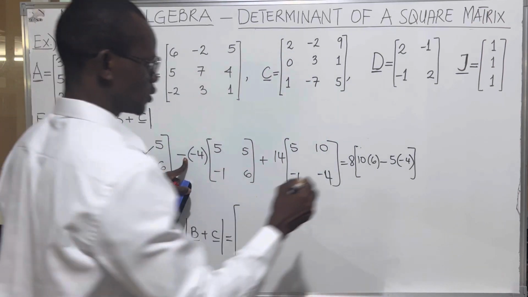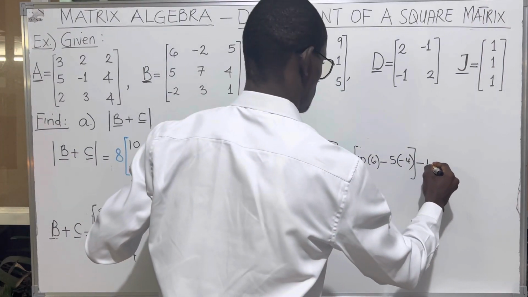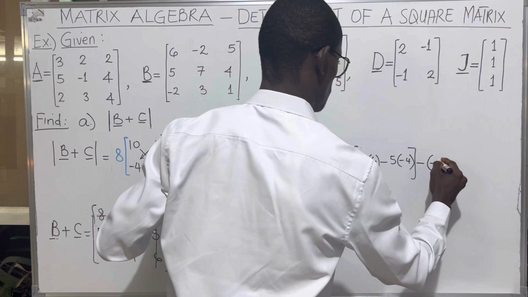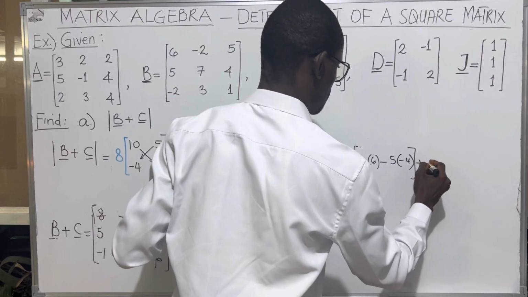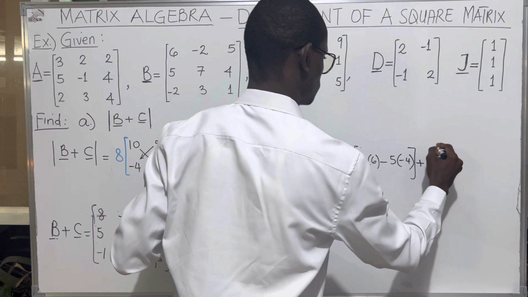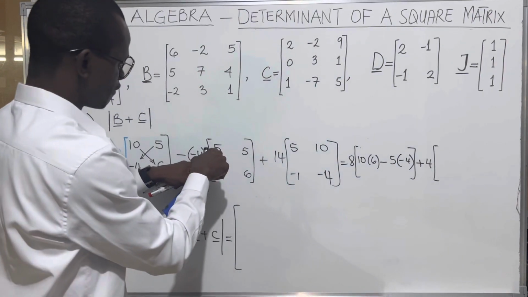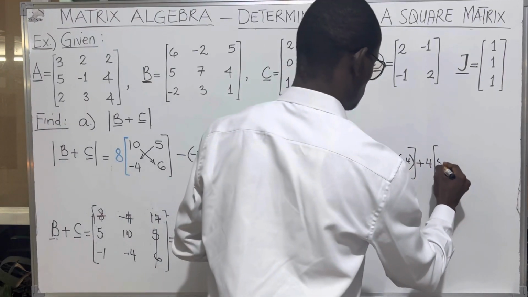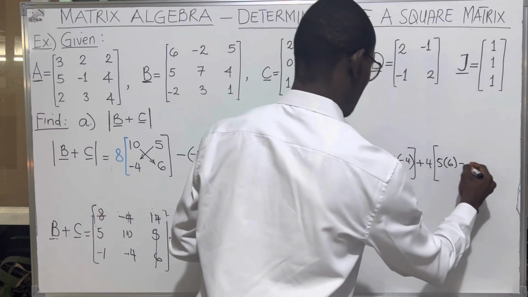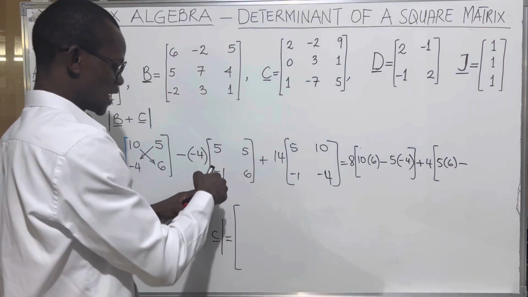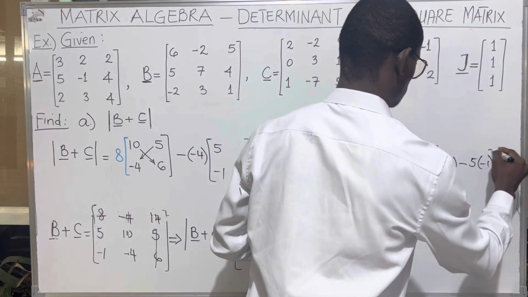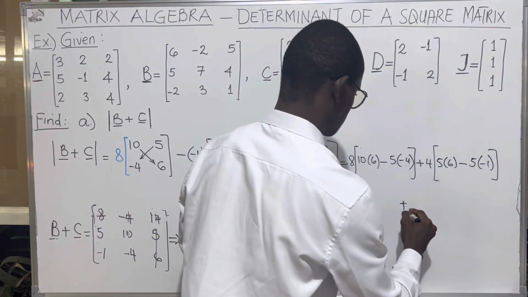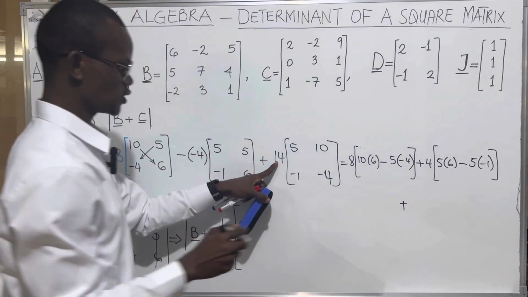Then we move to the next one. Minus 4, or minus times minus is positive. So this gives us positive 4. Then we multiply 5 times 6, minus 5 times minus 1. Plus the last expression, this one, 14.